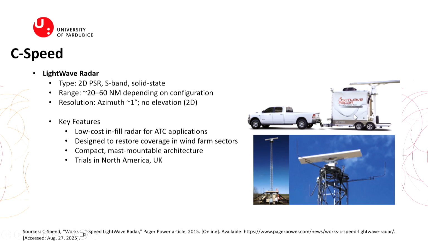It is just designed for wind turbines. It is a nice solution, with range from 20 to 60 nautical miles depending on configuration. It is 2D radar only. It is compact. Some installations are in North America and the UK.